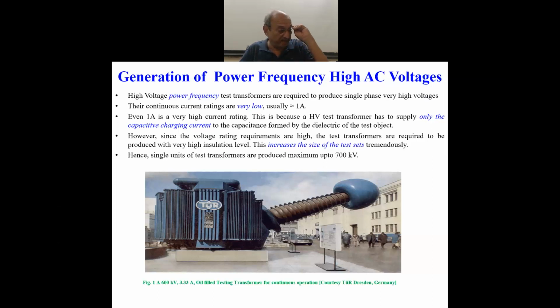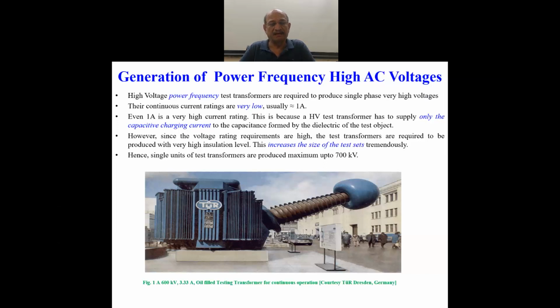Here, as you can see, is the generation of power frequency high AC voltages. This is one of the biggest transformers in the world, a single transformer producing single phase high voltage of the order of 600 kV.